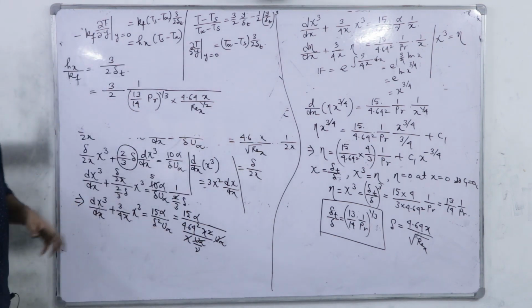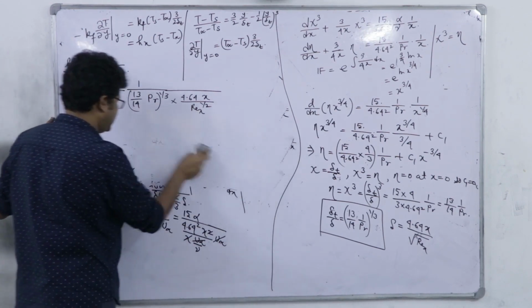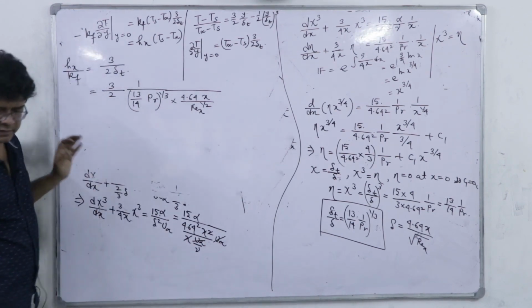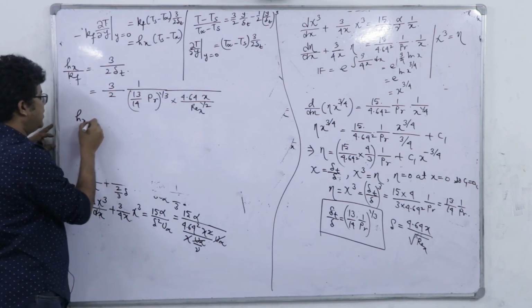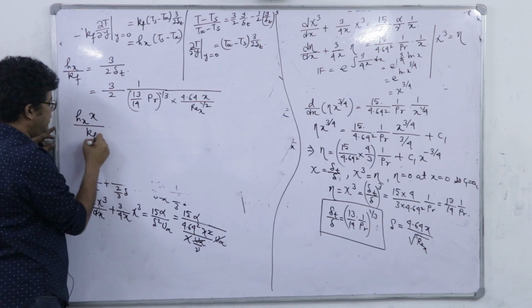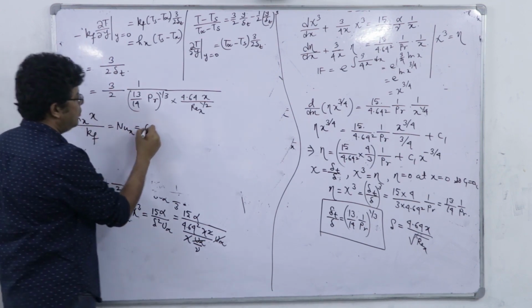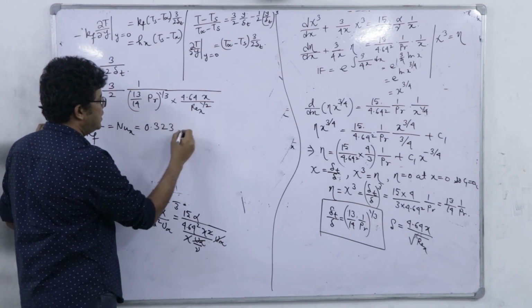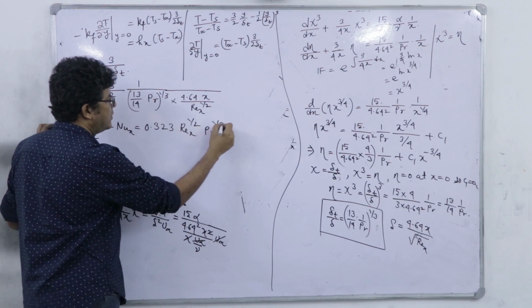Right. So, immediately if I solve for the numerical constants, we will cross multiply, and Hx into x divided by Kf, which is local Nusselt number, will give you 0.323 into Rex to the power half into Prandtl number to the power 1/3.